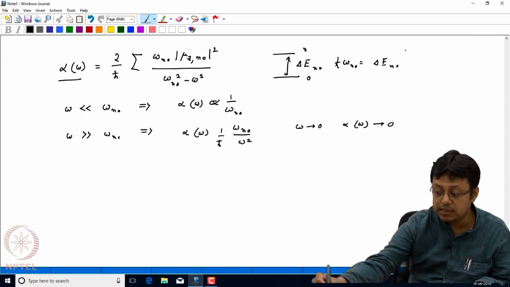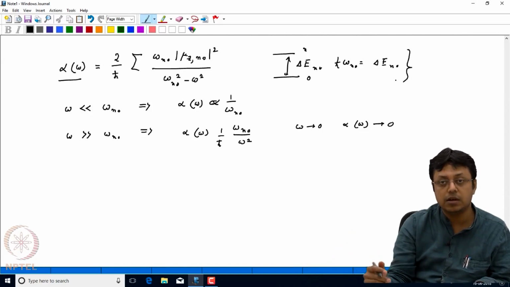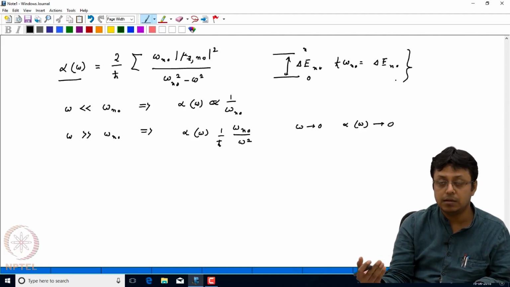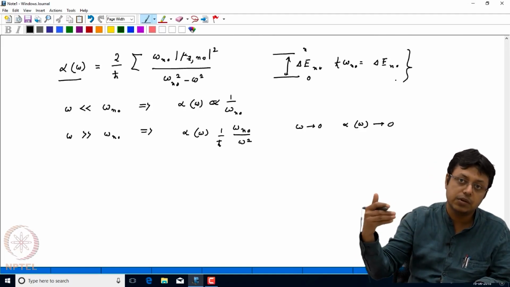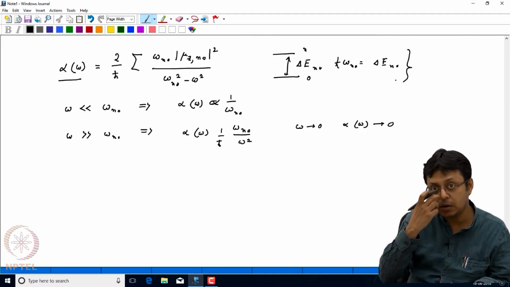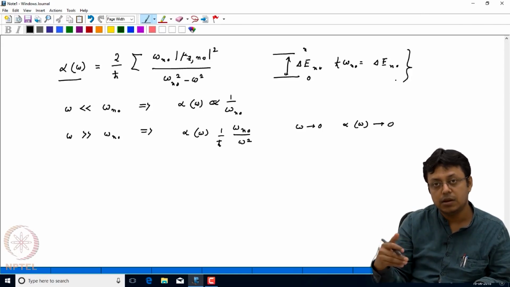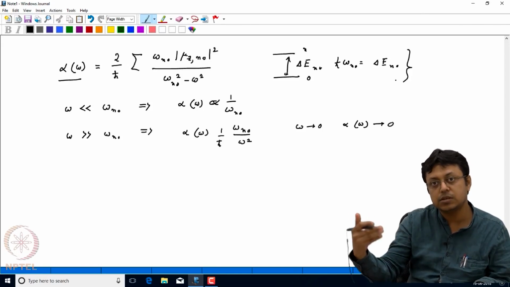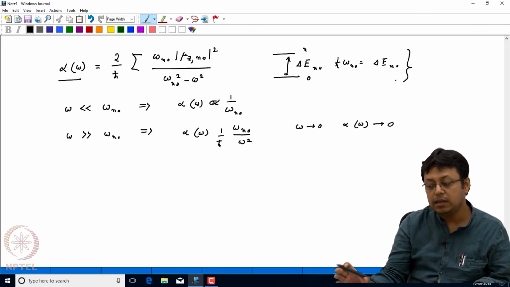We can think of this as a natural frequency already present in the molecule, which corresponds to some energy level, or some frequency associated with energy levels in the molecule.